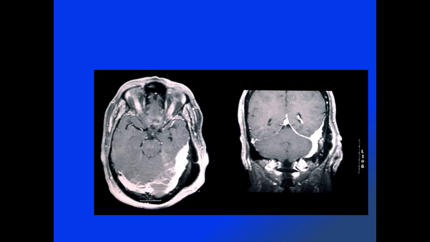Post-contrast T1 weighted coronal and axial images demonstrate a prominent enhancing extraaxial mass along the inner table of the left temporal and occipital bones with thickening of the adjacent cerebellar tentorium, consistent with a meningioma.